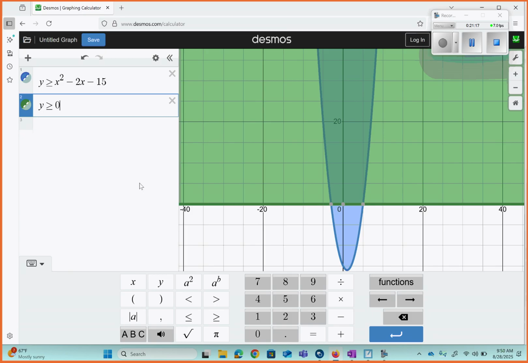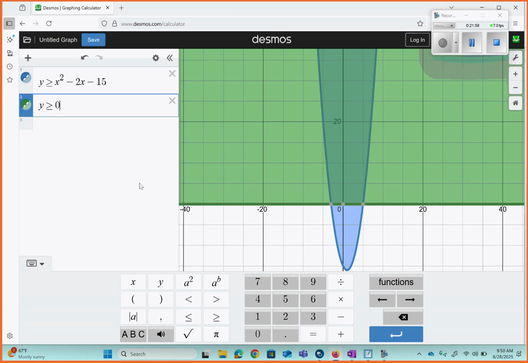So now what we have to do is talk about where is my double overlap of my shaded region? Is it above the x-axis? Is it below the x-axis? Do both the green and the blue intersect each other? The answer is yes, they intersect each other at this region here. So this region here, in between here, is where our solution is going to exist.